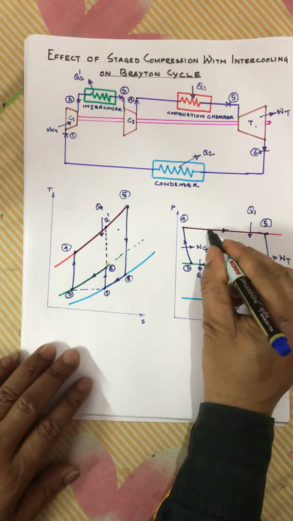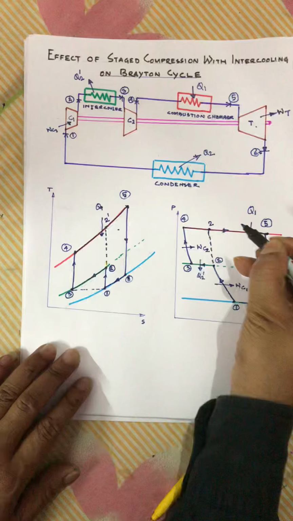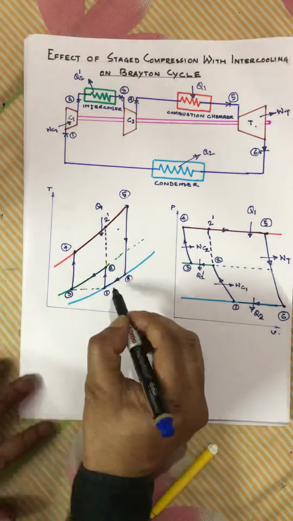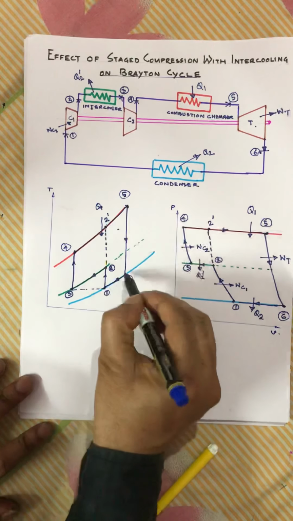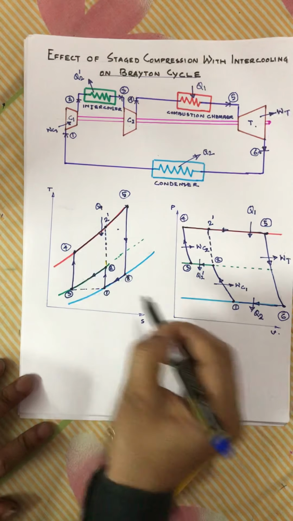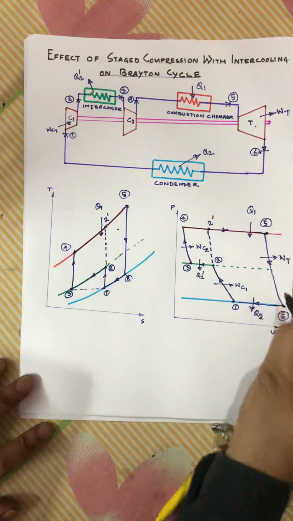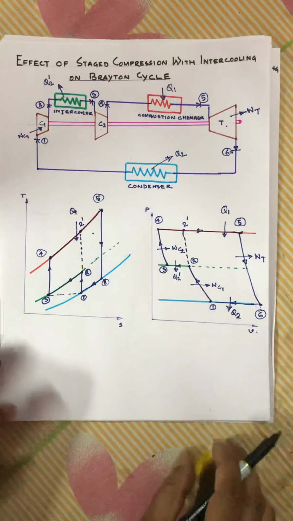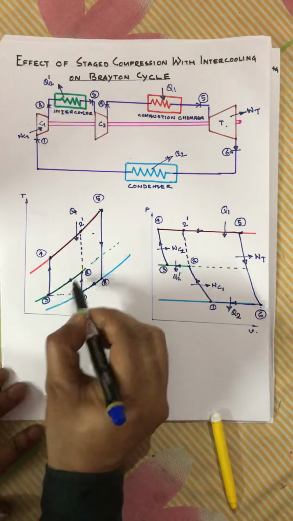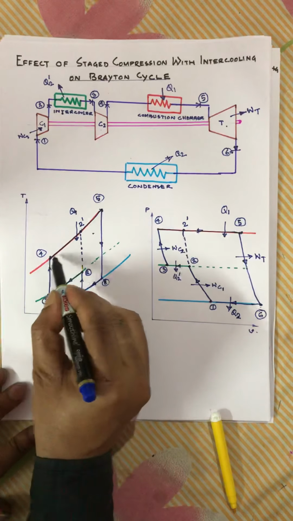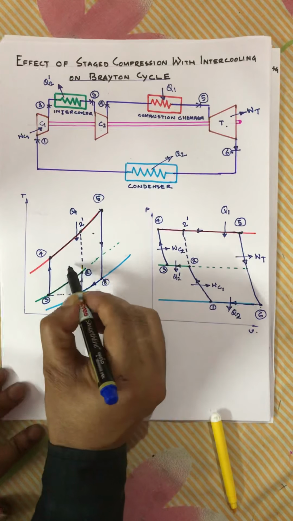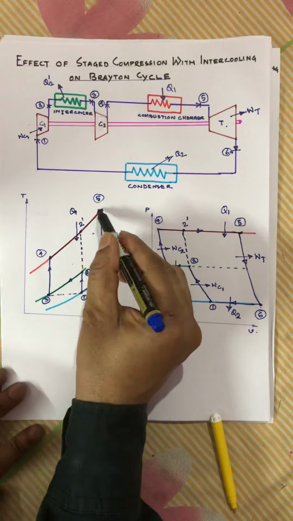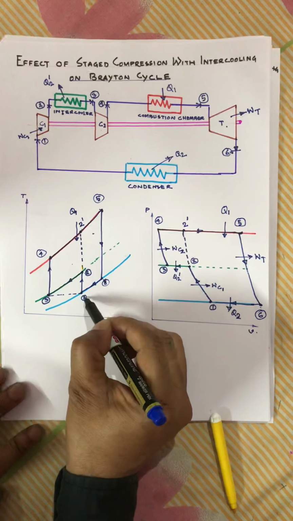So the cycle becomes 1, 2 dash, 5, 6, 1. Clear? So this elementary cycle, that means 2, 3, 4, 2 dash, is added to this basic cycle, that means 1, 2 dash, 5, 6, 1.